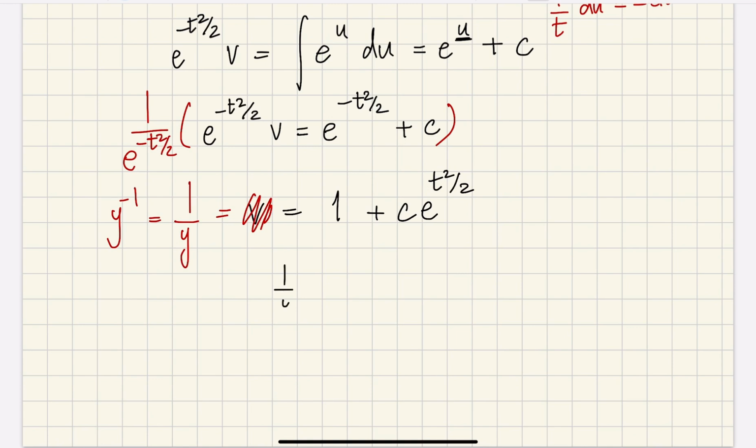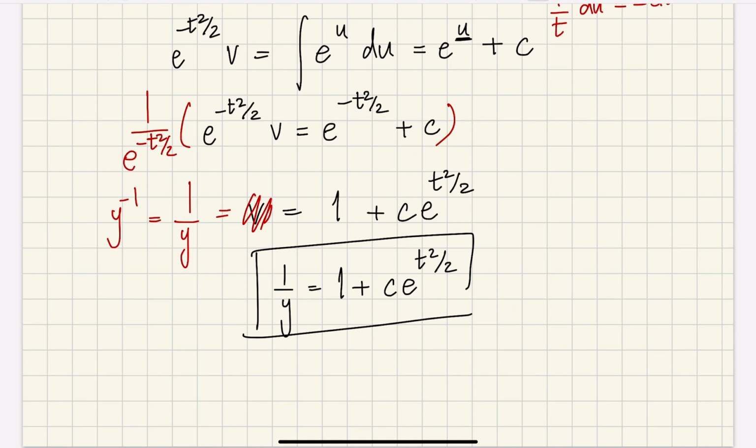You have 1 over y is equal to 1 plus c e to the t squared over 2. You can go ahead and write this in the form y equals to something. That's just actually just this. But it's unnecessary, and this is equally correct.